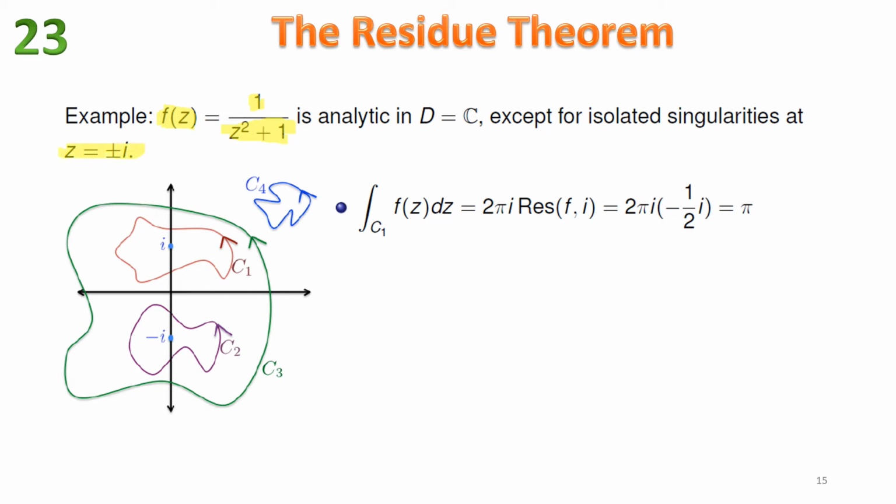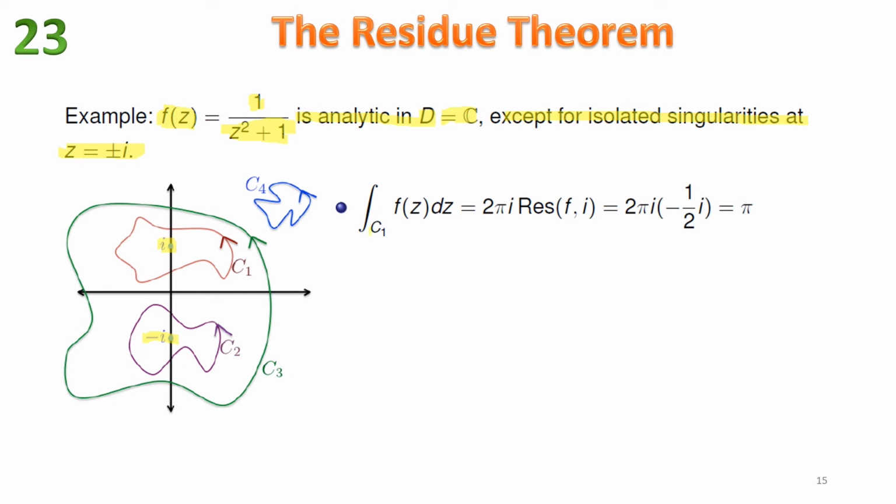Here you can see plus i and this one is minus i. Now this function is analytic in the entire domain, which is the entire complex plane, except for the isolated singularities at plus minus i. And the contour is different in different cases.